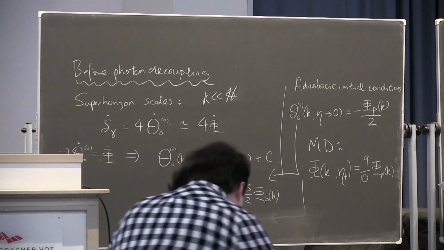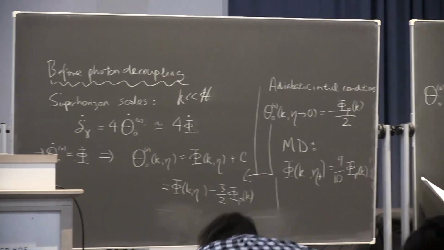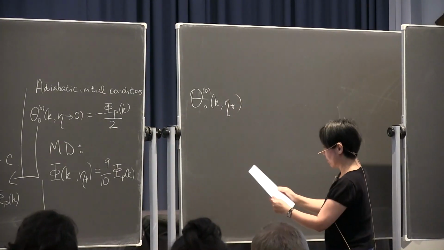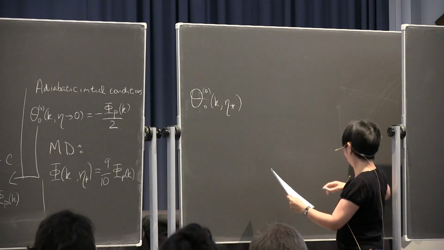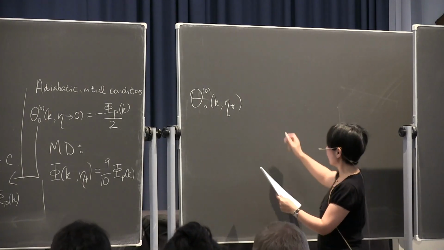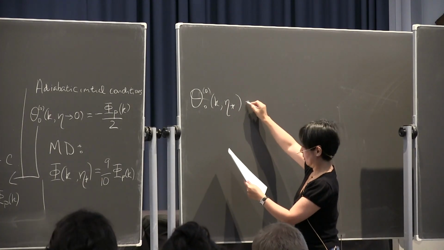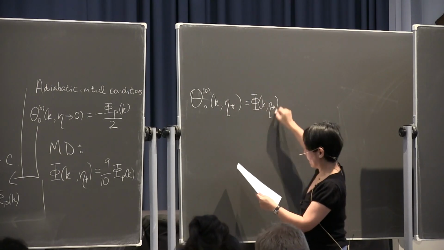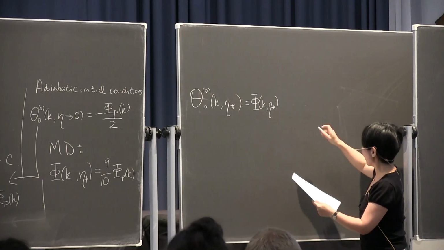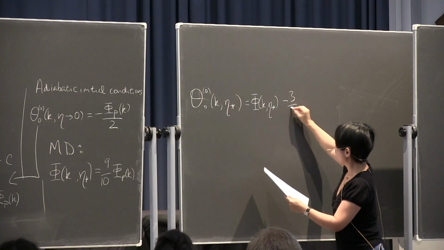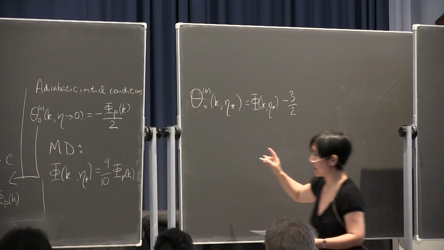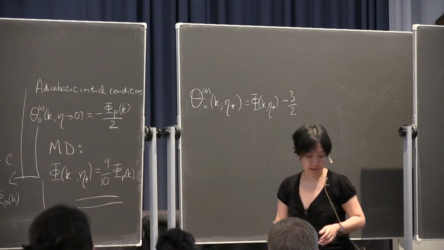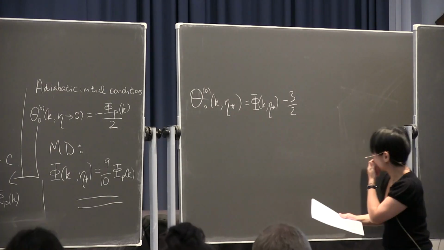So theta naught of k evaluated at the time of decoupling will be equal to phi of k and eta star, then I have 3/2 phi p over here, but I also have this solution that I figured out during matter domination on superhorizon scales.